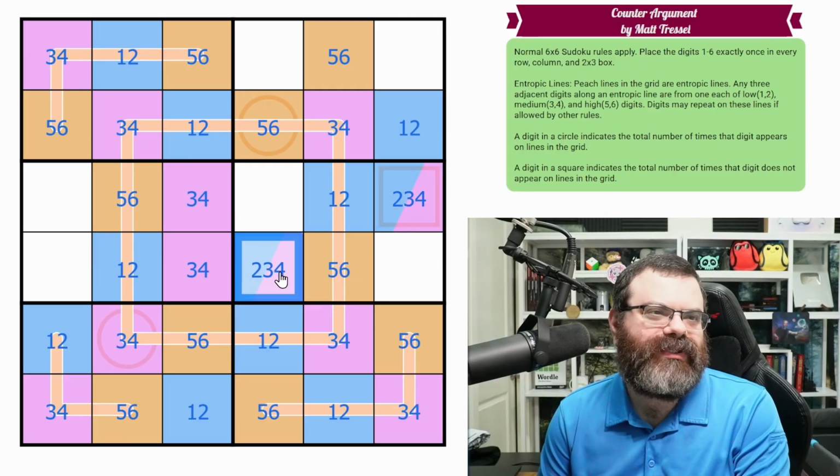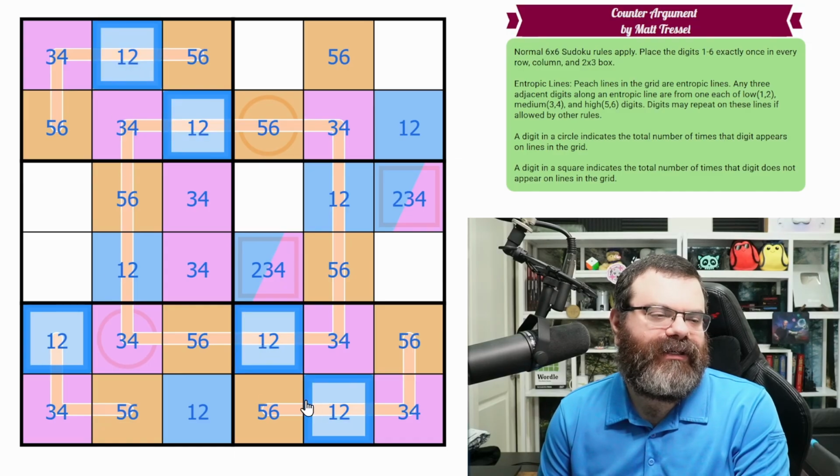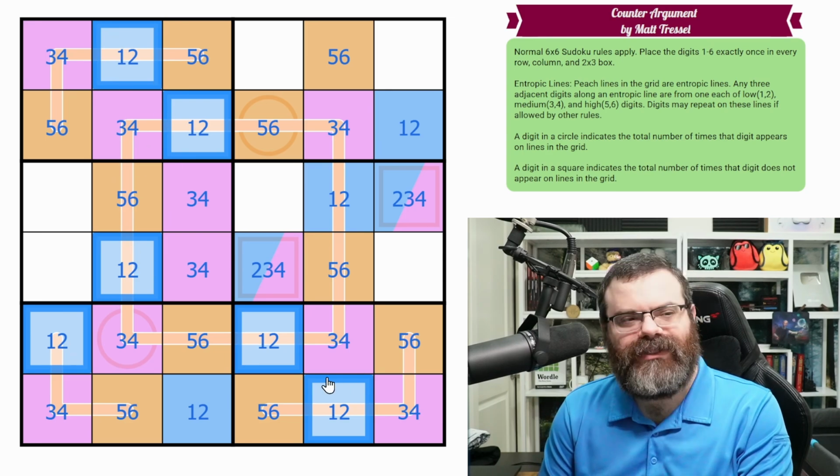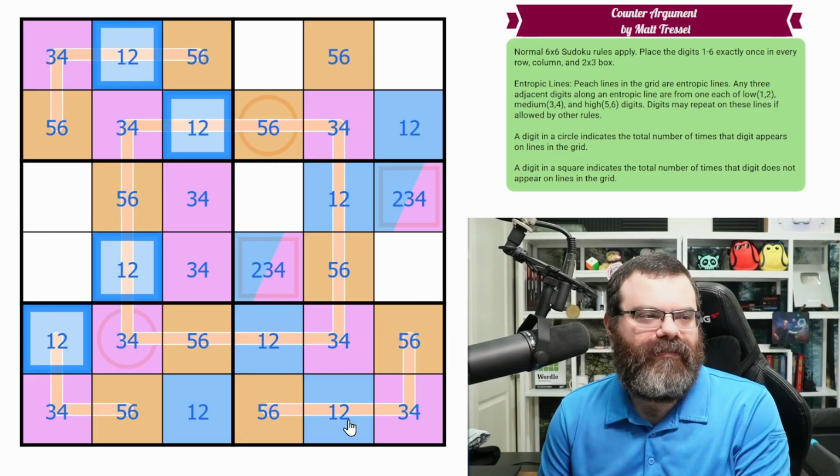Now, can they be 2s? That would mean that in every other box, the 2 is on a line. So in here and here, here, here. 1, 2, 3, 4. So the only way we're putting a 2 in a square is if they're in these 2 cells.